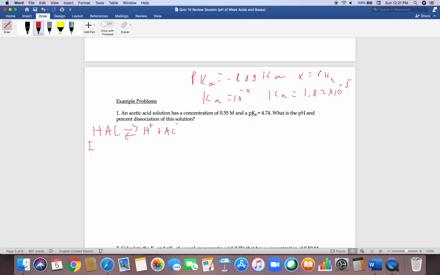Initially, what do I have? What am I reacting? And what are my equilibrium concentrations? Initially, I have 0.55 molar of this acid. I have 0 of the product. I'm going to lose this certain amount of x on my reactant side, but I'm going to gain it on my product side.